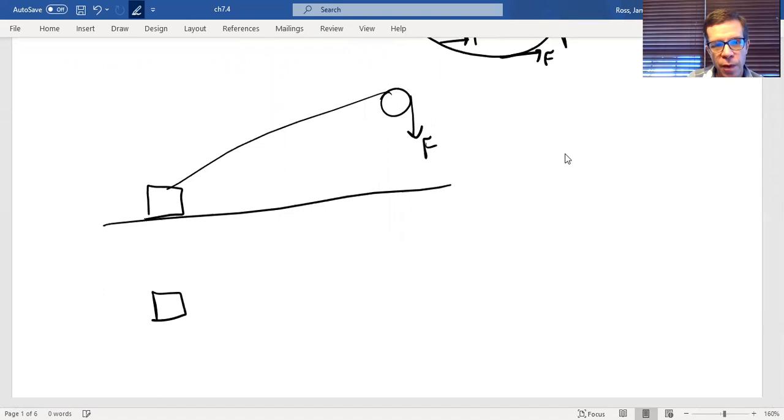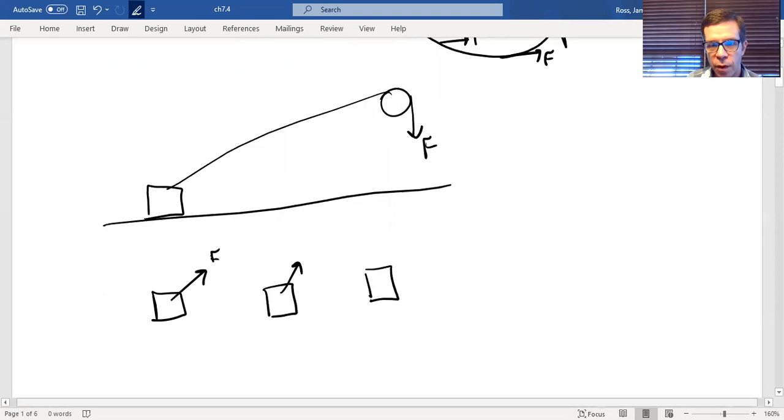So here you see we've got the box being pulled at this angle. And as we get closer and closer, the angle changes, right? And we can vary the magnitude as well.